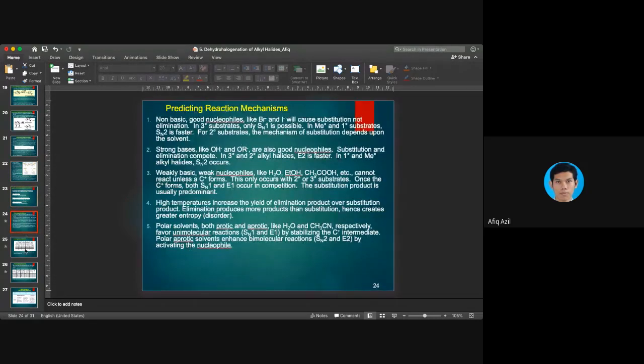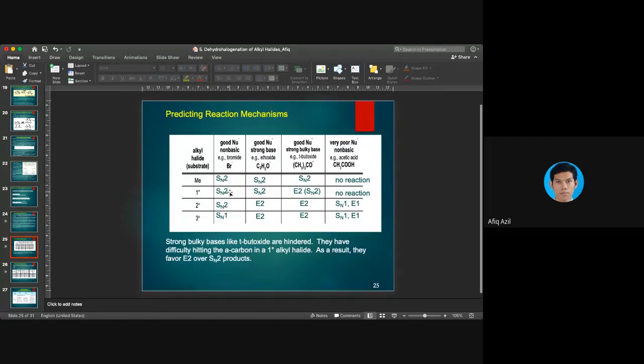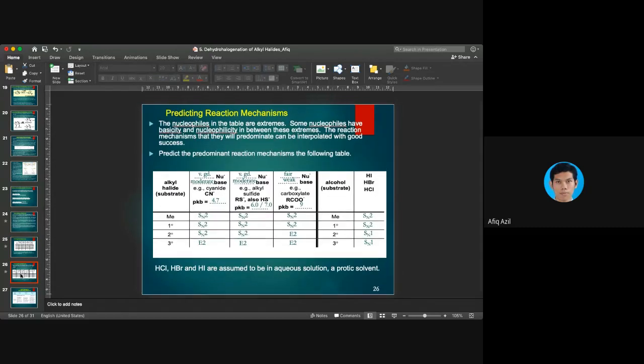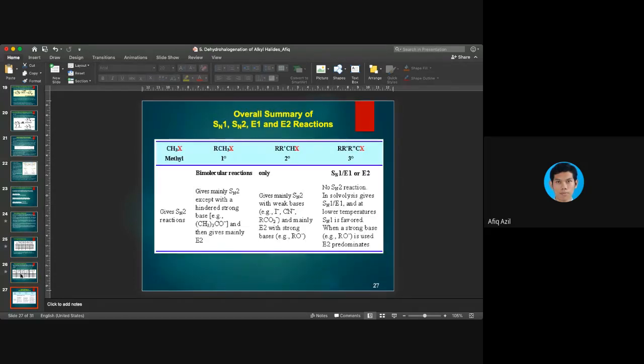Okay, for summary, predicting reaction mechanism, which is easier. There are a few slides that I've put to summarize the substitution and elimination reactions.